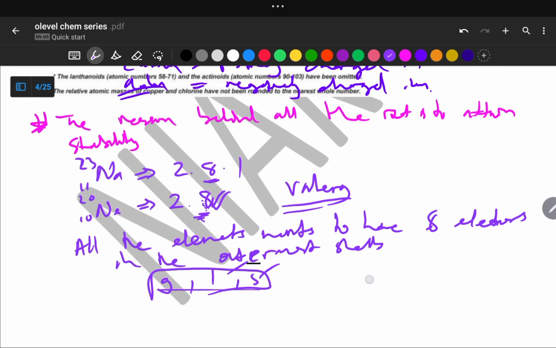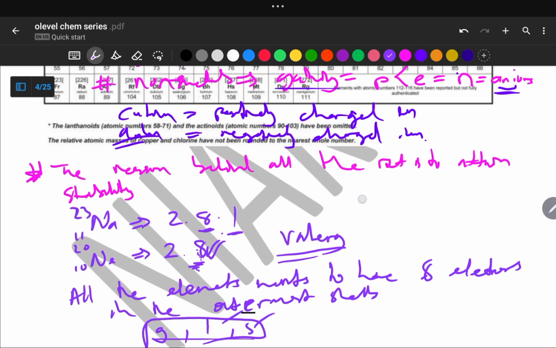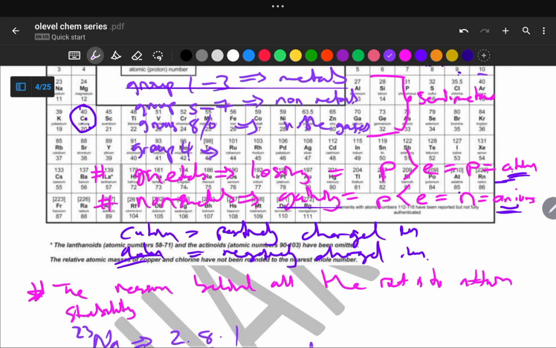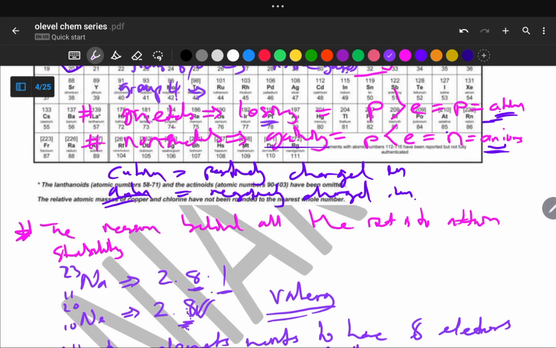So sodium, we said sodium is a metal. We said metals react by losing electrons, right? So sodium will react by losing this one outer electron, so that it will be left with the outer valence like that of a noble gas.